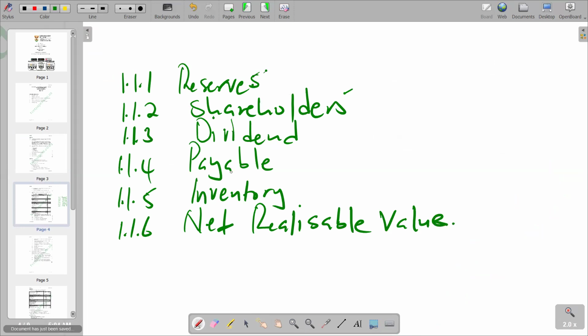And the inventory, we know that this is a current asset. We talk about net realizable value; we can define it as the estimated selling price of an asset after you have subtracted the sale-related costs. Examples of sale-related costs that we should subtract are taxes, or predicted transport costs.